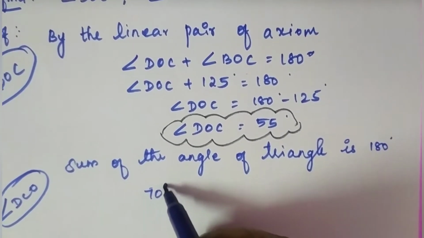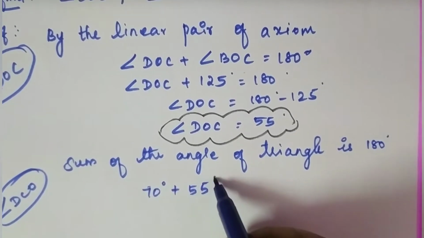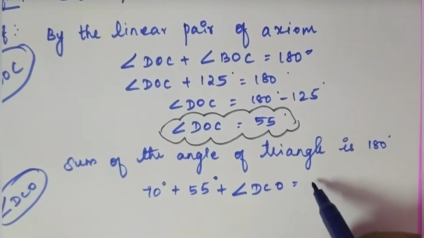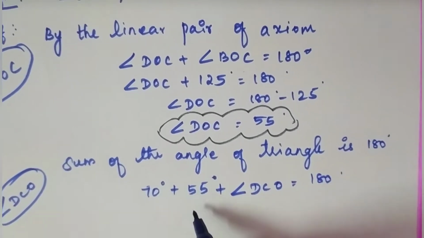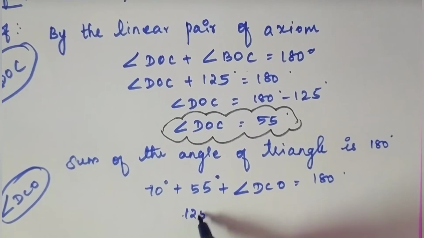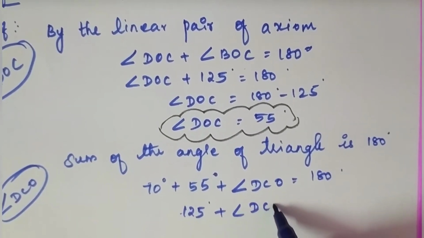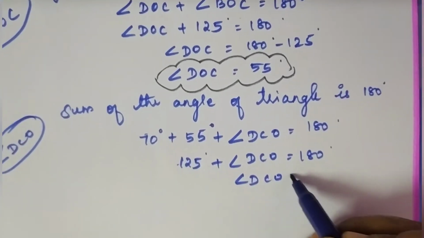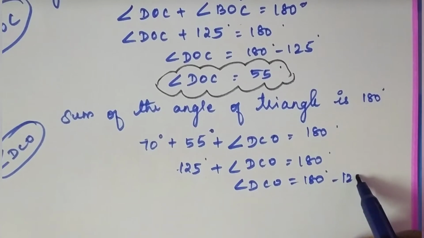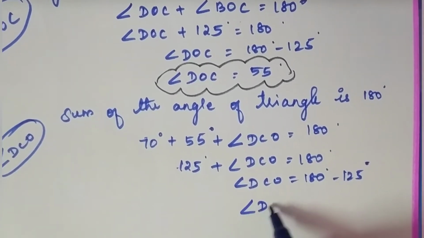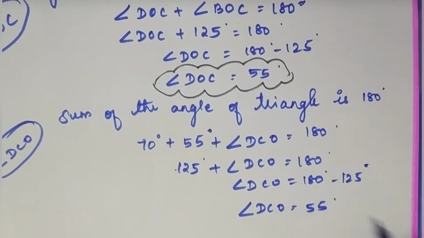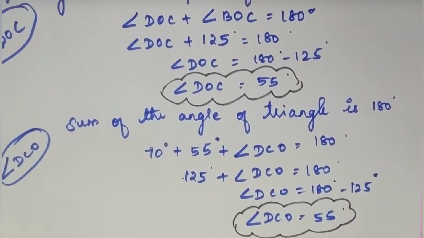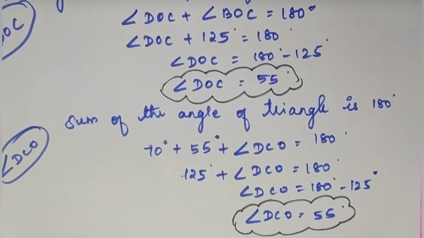One angle is 70 degree, the next angle is 55 degree, and the third angle we are going to find. 70 plus 55 is 125 degree, plus angle DCO is equal to 180 degree. Angle DCO is equal to 180 minus 125. Angle DCO is equal to 55 degree. That one is also 55 degree, so we found the second angle also.